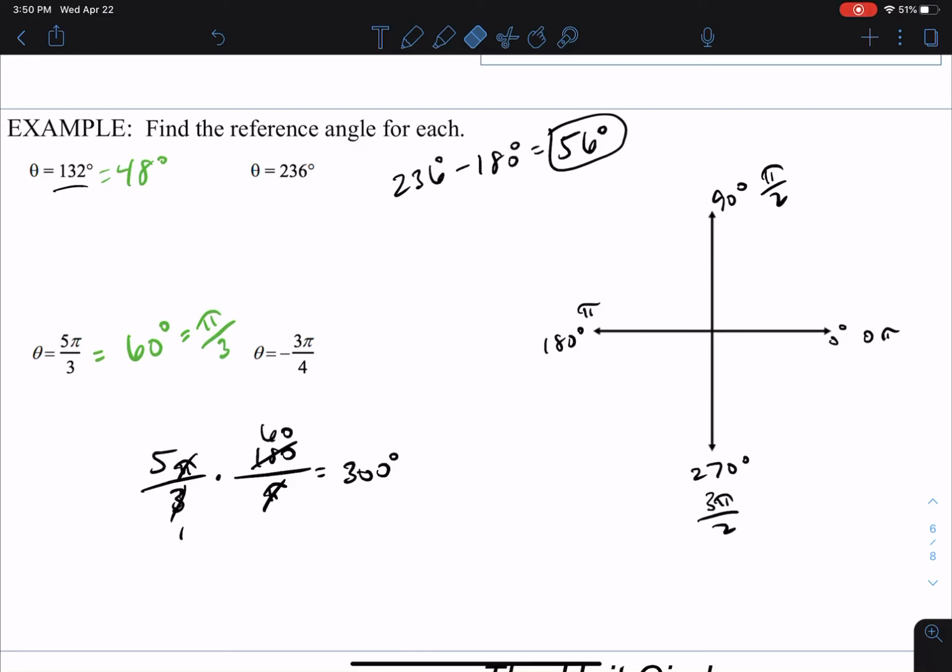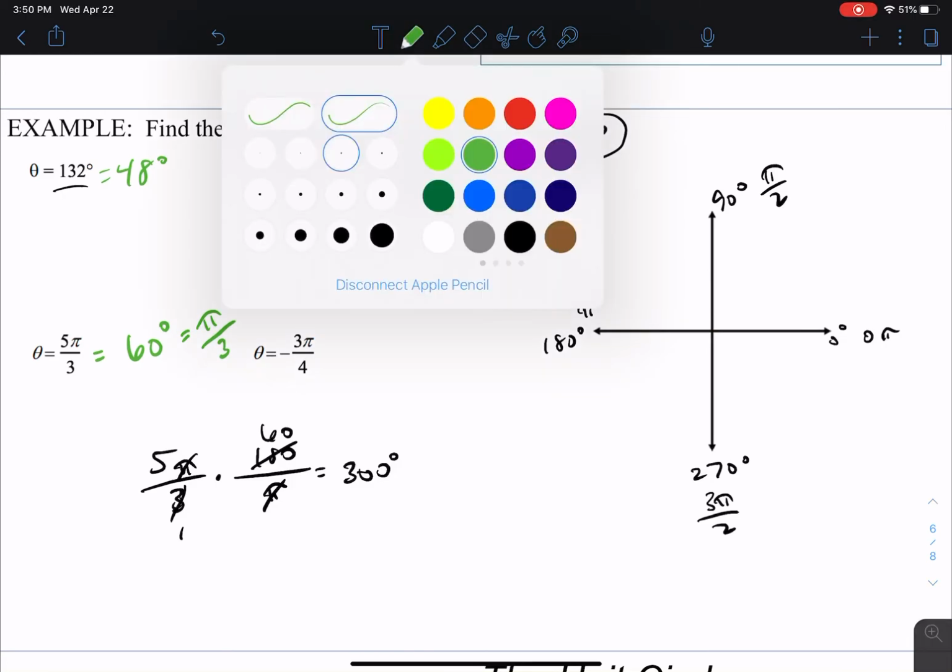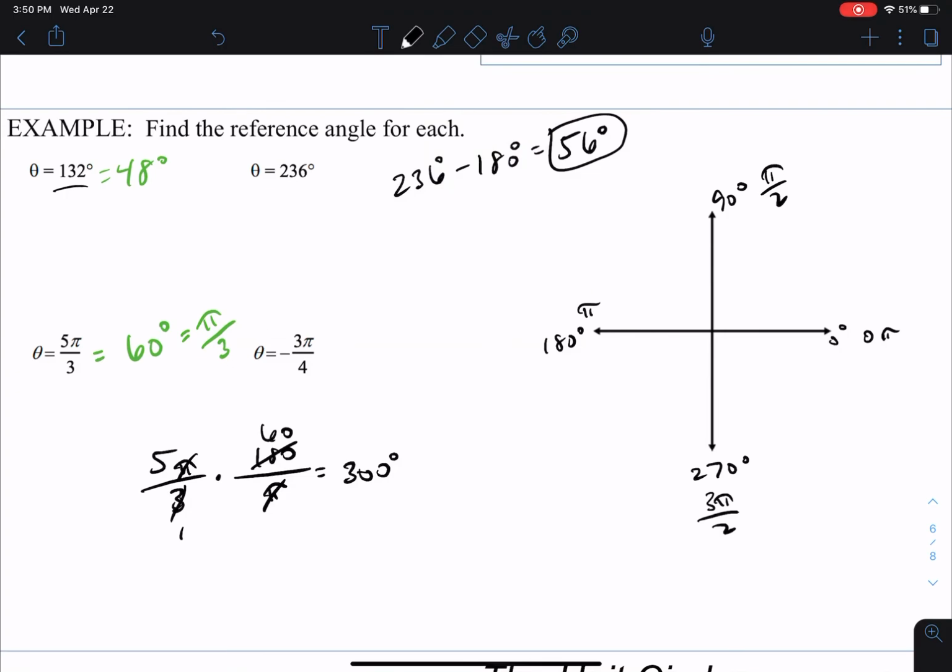And the last one is negative 3 pi over 4. That means I'm going to come this way when I start. So let's figure out what negative 3 pi over 4 is in degrees. I'm reducing it: negative 3 times 45 is negative 135.